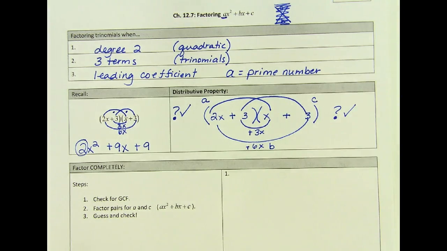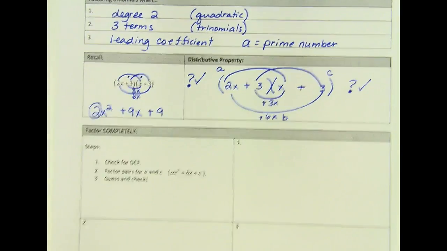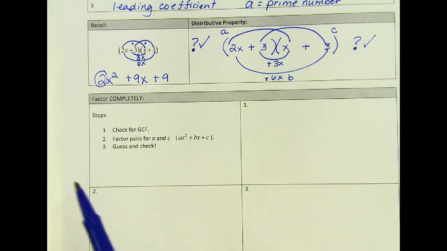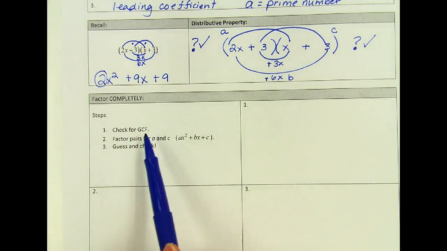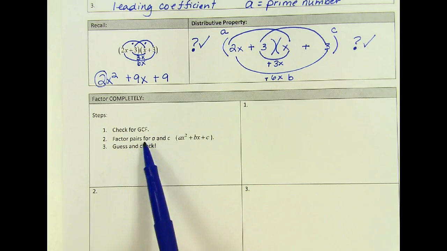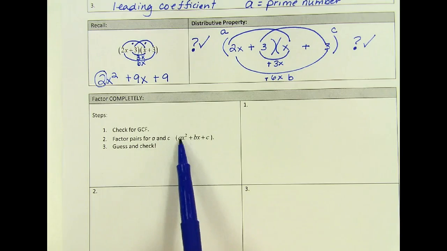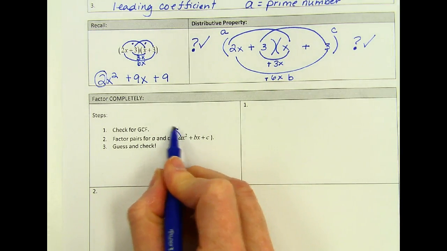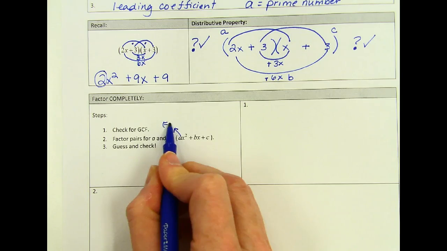Now, we are now going to look at how you factor these, okay? So you always, just like yesterday, check for that greatest common factor. Then you do your factor pairs for A. Now what I mean here is I mean to list your little factors here.